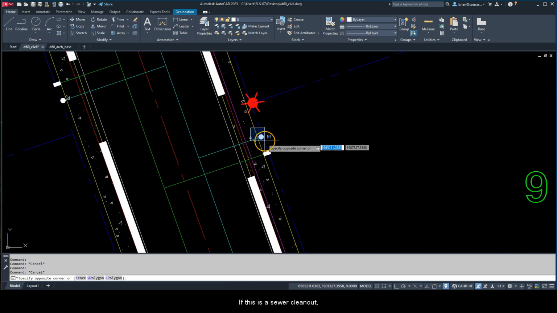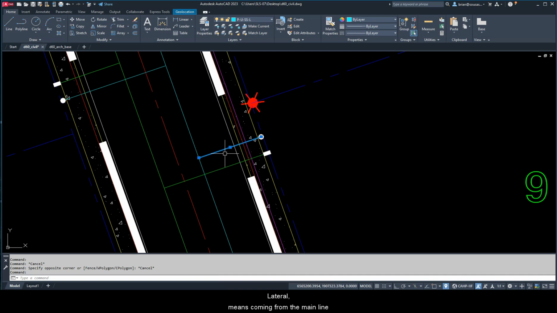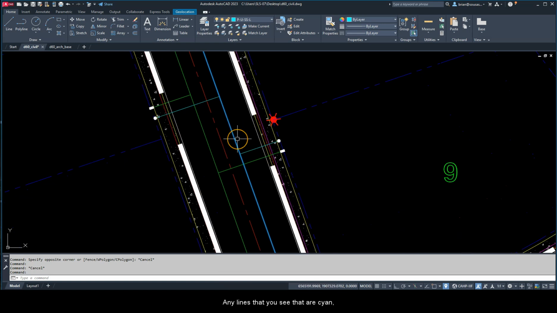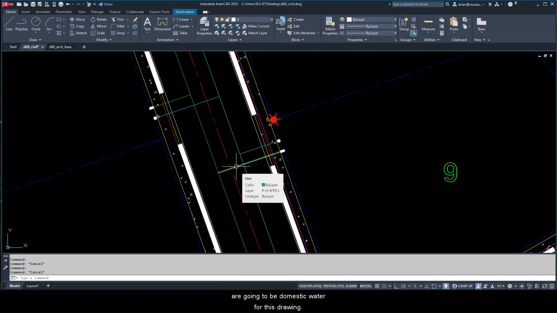If this is a sewer cleanout, this is a sanitary sewer lateral. Lateral means coming from the main line to the property. Any lines that you see that are cyan are going to be sanitary sewer for this drawing. Any lines that are green are going to be domestic water for this drawing.